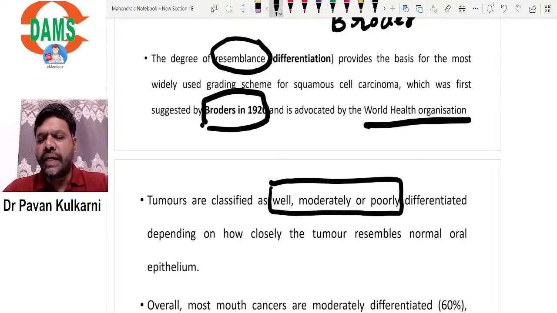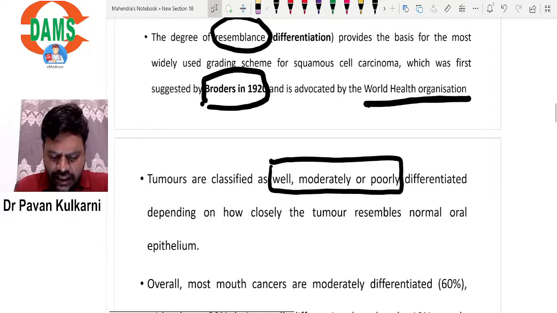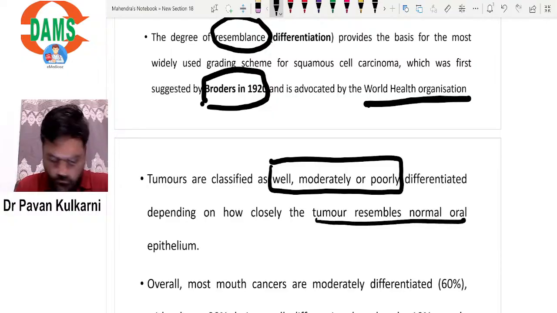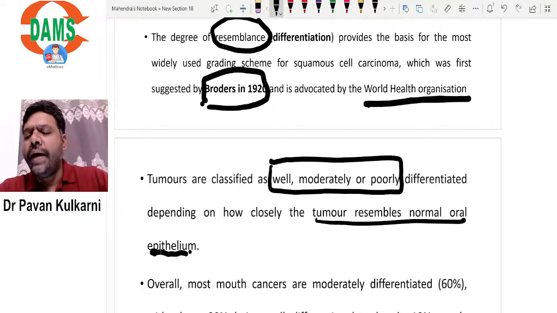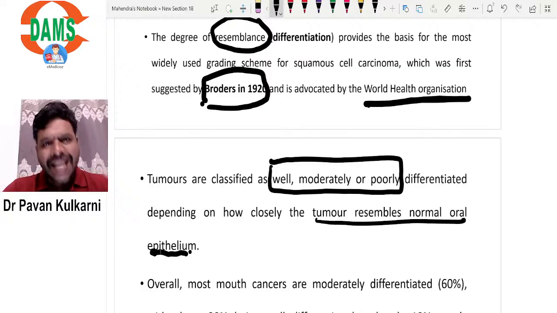Well differentiated means more resemblance. If the tumor resembles the normal oral epithelium maximally, you are going to call it well differentiated. If the tumor shows less resemblance, then you are going to call it poorly differentiated.